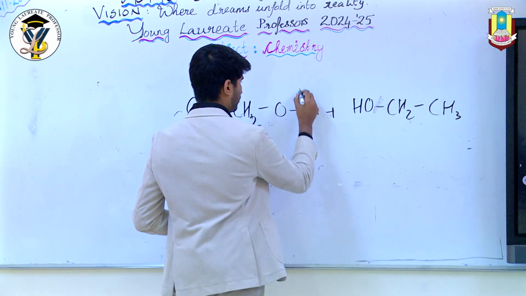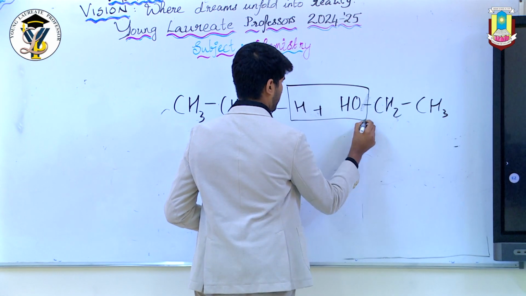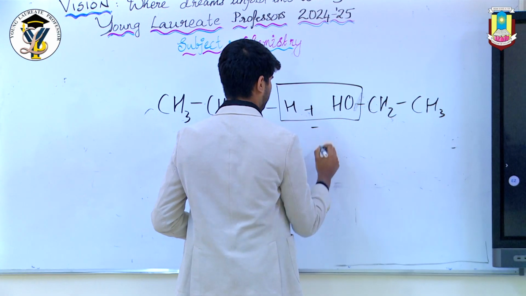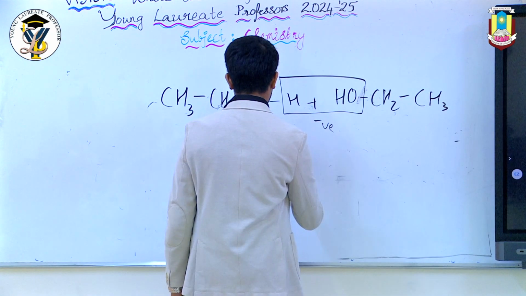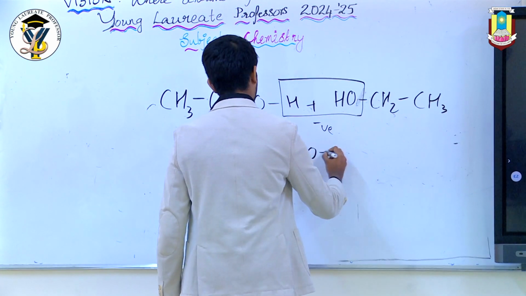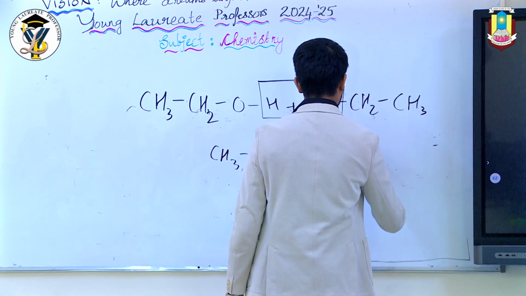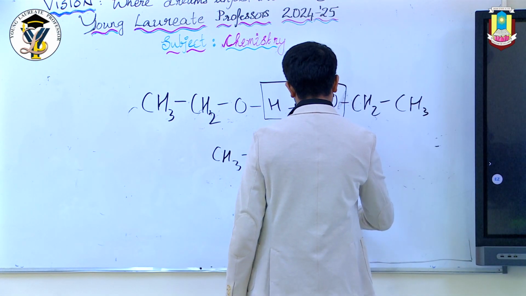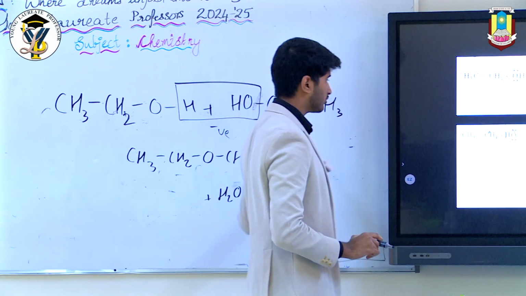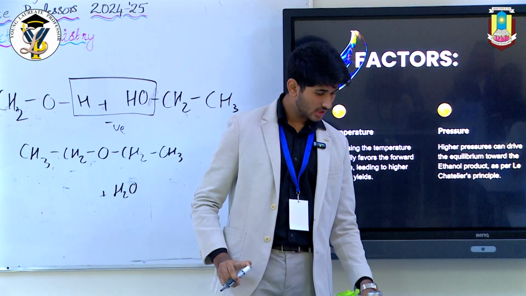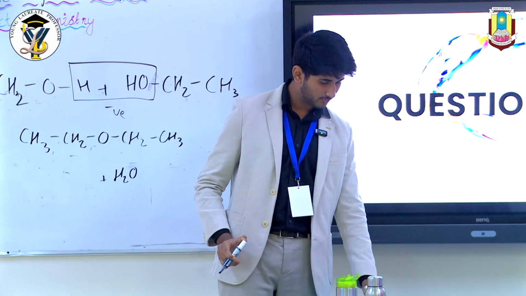What we can simply do is remove this water molecule. What we get as a result is CH3CH2OCH2CH3 plus water. I hope this makes it easier to remember in exams. Factors as usual are the same.